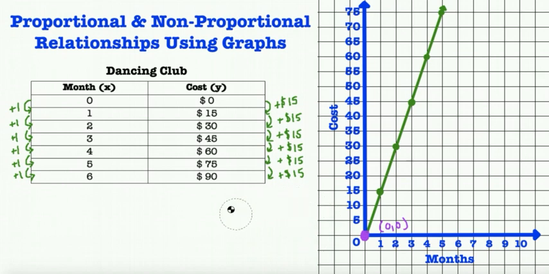So we have a proportional relationship, and our constant of proportionality is 15 because we're paying $15 per month. So we have y equals 15x. And remember that the 15 is our constant of proportionality, and it's our rate of change, and it's our slope.